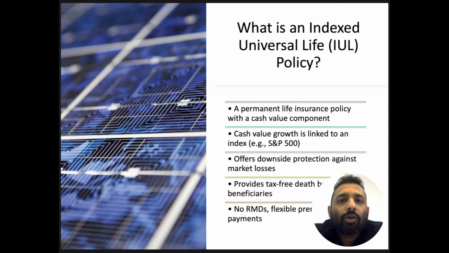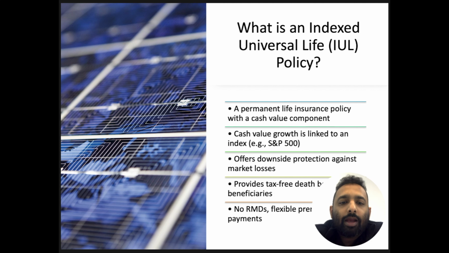Versus in IUL, there's a lock period. That means if the market performs below 0%, that will lock their money and it will not go down. There's always a lock there, so you may not get any growth for that year, but you will not lose any money because it's a downside protection. Okay, so offers downside protection against market loss.